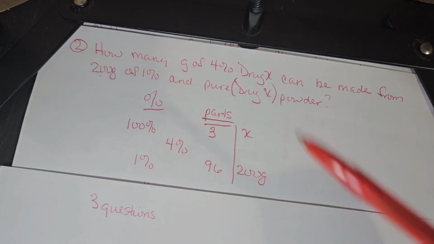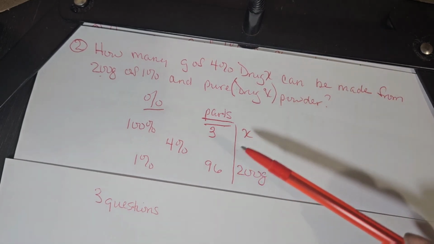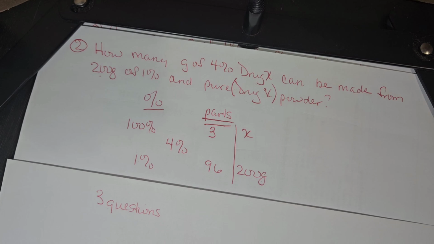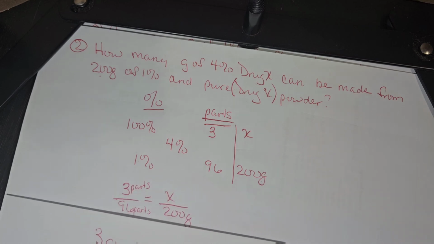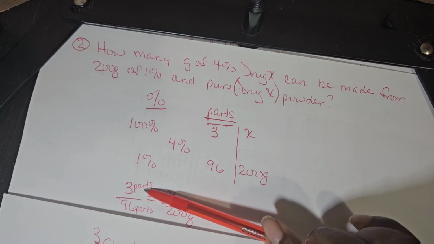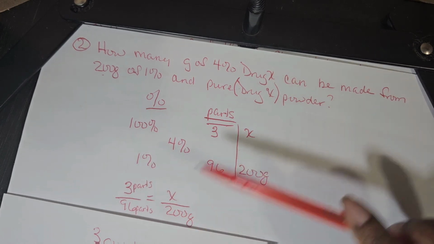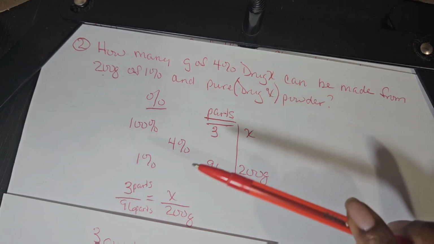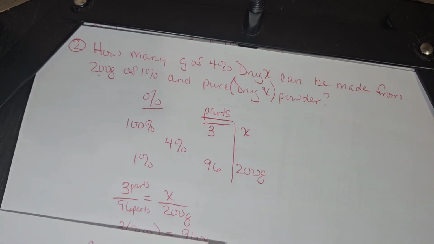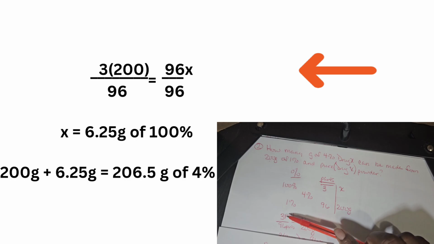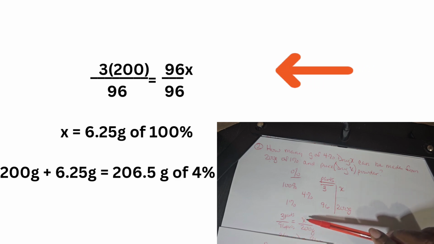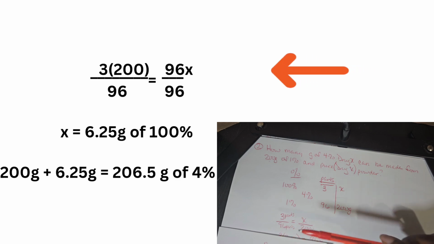Not today. Okay, so we're going to do a proportion just like we did in the first problem, and we're going to say 3 parts. We have to use 3 parts in this one. Why? Because that's what our unknown is tied to, right? So we have 3 parts over 96 parts equals our unknown over 200 grams.